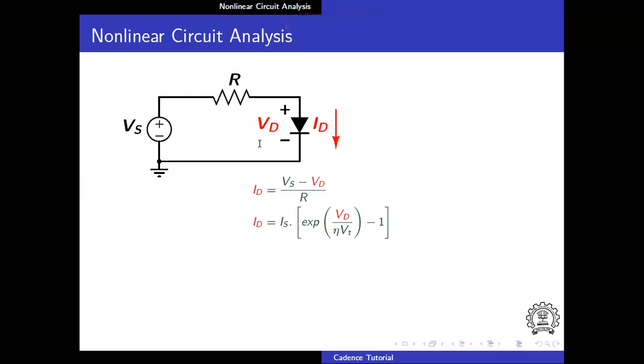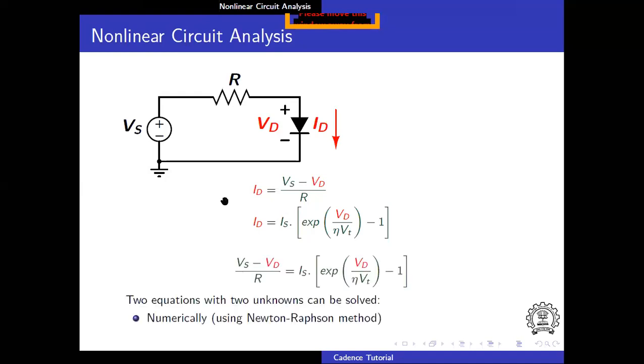The other equation we have is ID equals Vs minus Vd by R. To solve these two equations, we cannot use the linear equation techniques we learned earlier. In engineering mathematics, we study more techniques, such as the Newton-Raphson method. These methods are used by a simulator. We can do it manually, but it is very cumbersome and time-consuming.